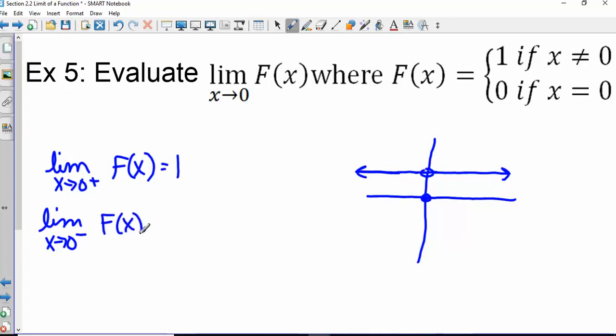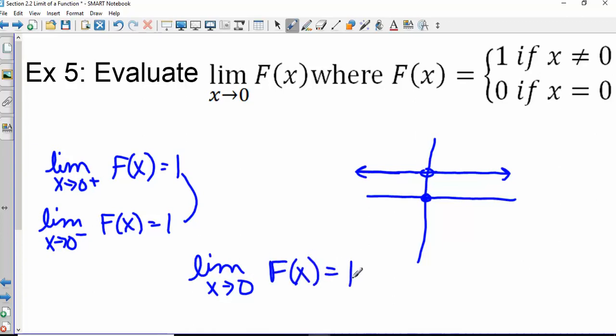This line is still at 1. So these match. That means the overall two-sided limit exists, and it is 1, which we could have seen from the graph. If we come in from both sides, my fingers meet. They meet up. So we do have a two-sided limit.